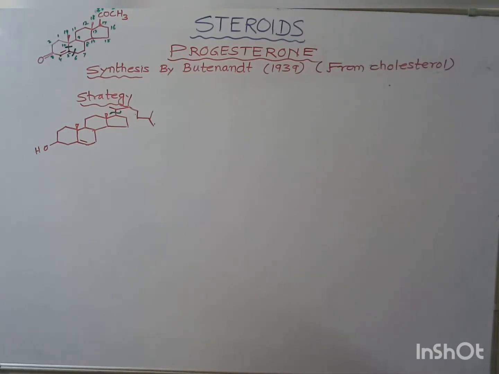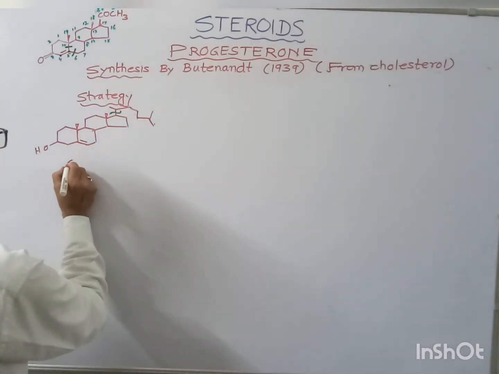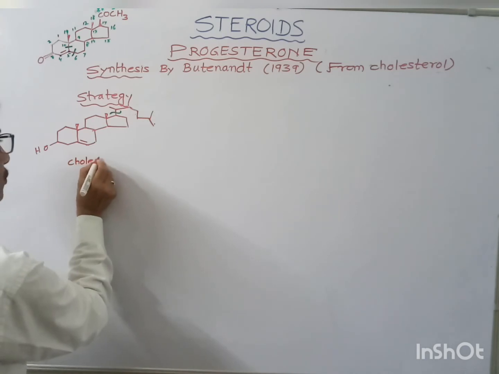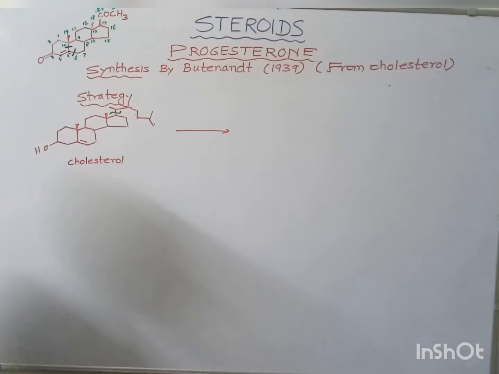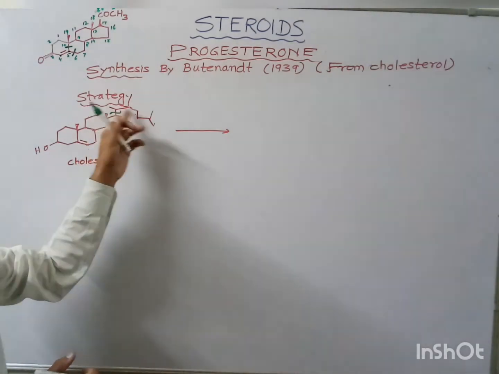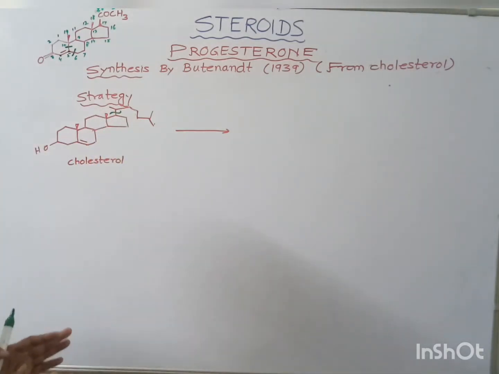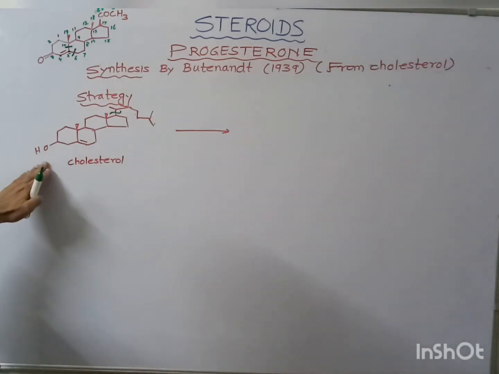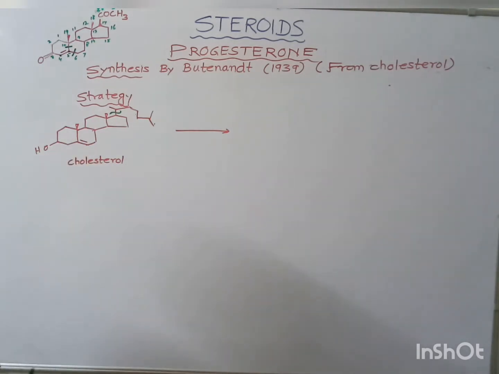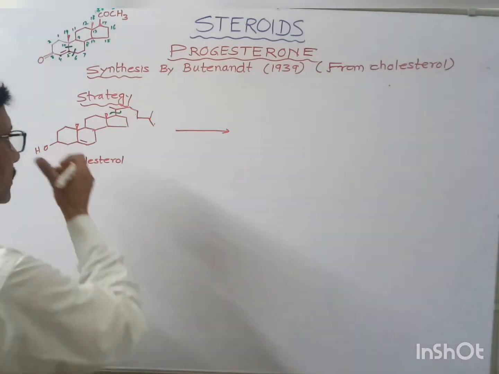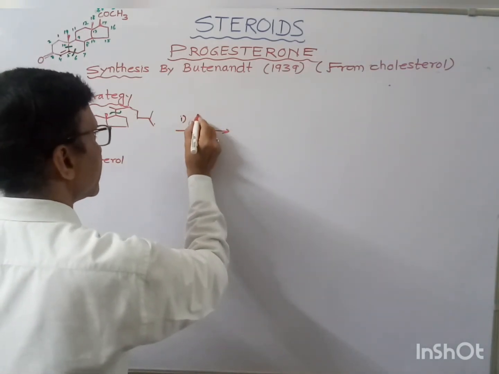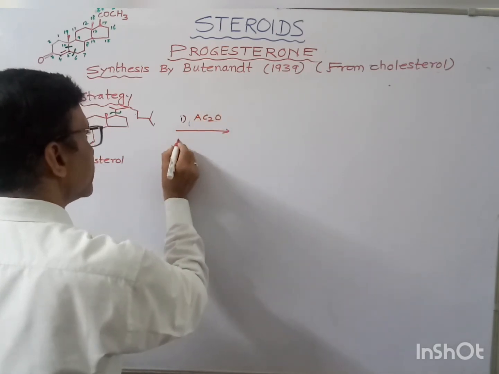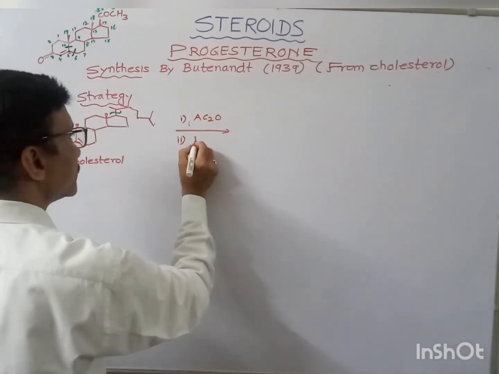So if we see this synthesis from cholesterol, this is our cholesterol. First of all, before removing this chain by oxidation, we should first protect this OH group as well as this double bond. Let's protect the OH by acetylation, and the double bond by using bromine.